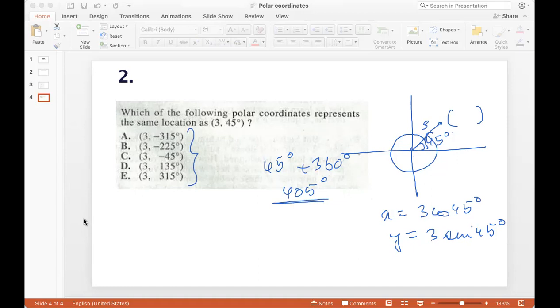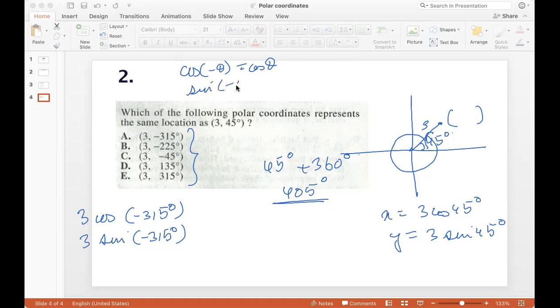So if I look at option A, I have 3 cos minus 315 and 3 sine minus 315. Correct? Now, if you look at cos of negative theta, that's just cos theta, and sine of negative theta is minus sine theta.